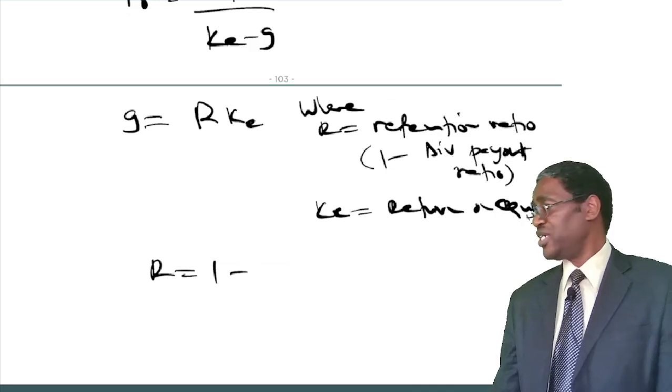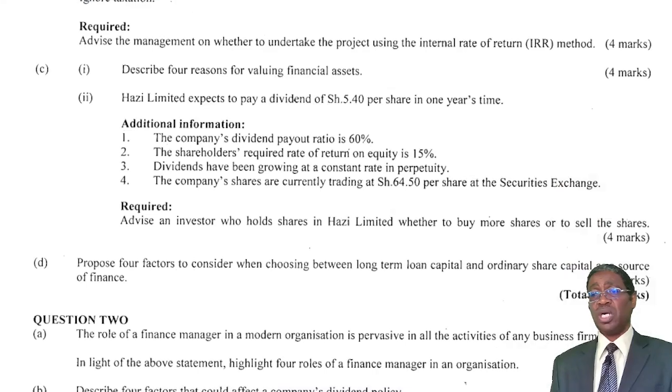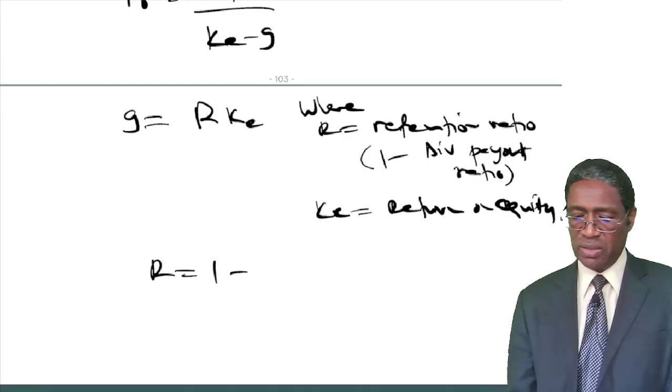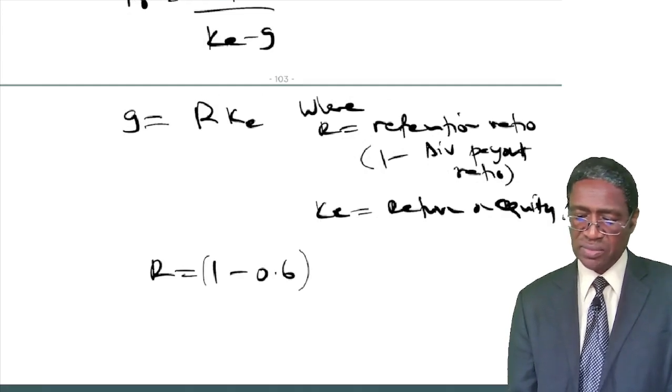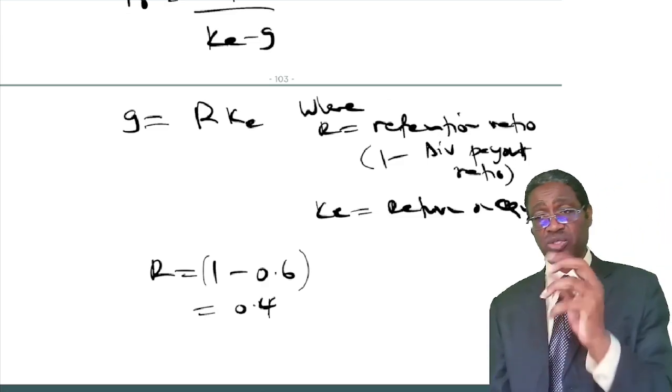Note number 1 told us that the company paid dividends at a payout ratio of 60%. So I take 1 minus 0.6. This will be 0.4. So now we know the retention ratio.